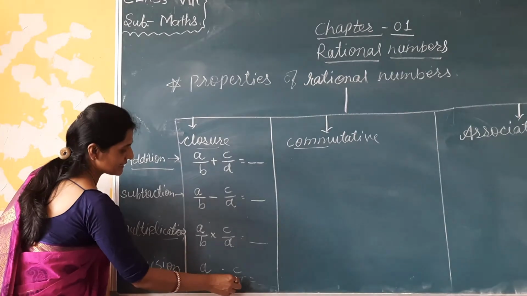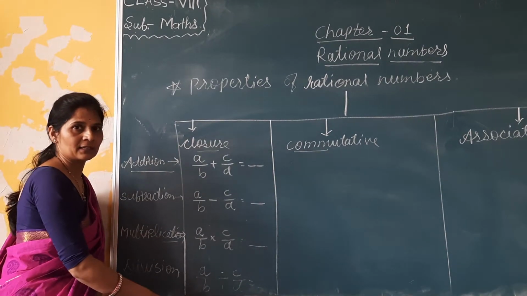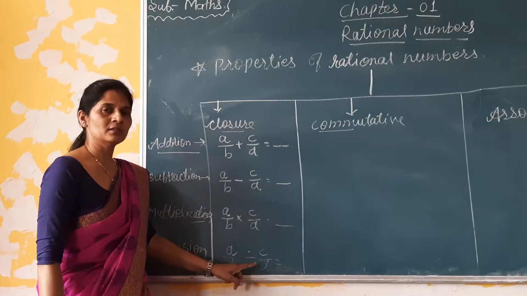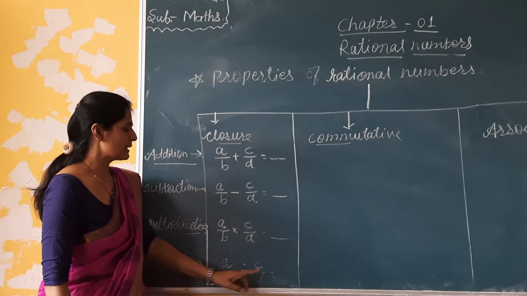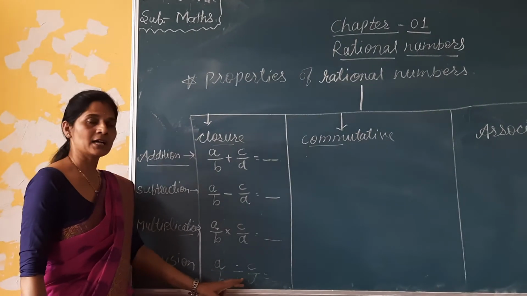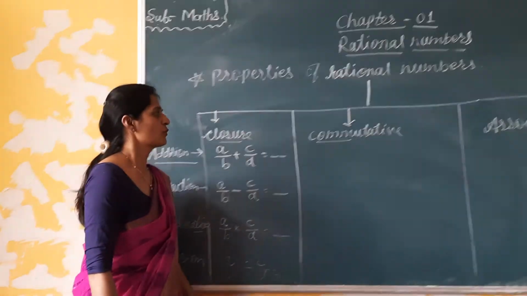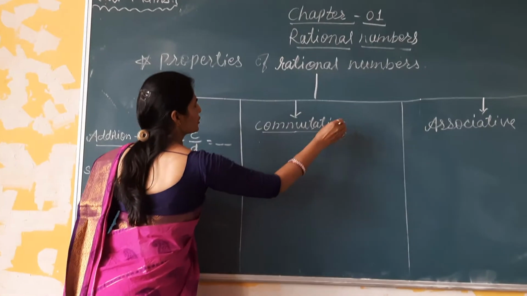Like when we divide by 0, any rational number by 0, the answer is not defined. That means the rational numbers are closed under division except 0. Now next property is commutative property.